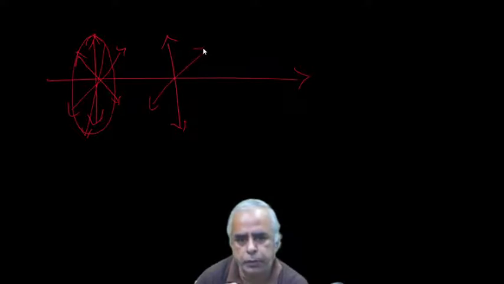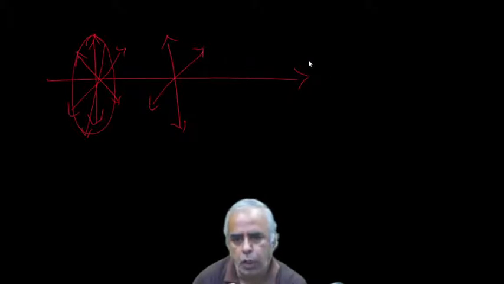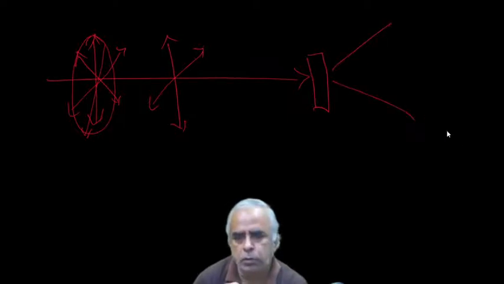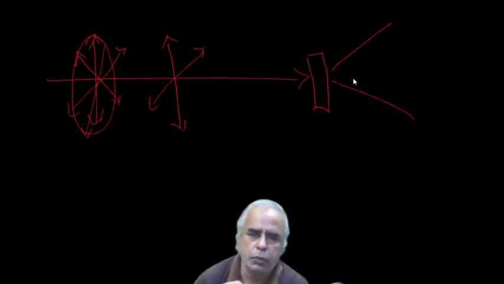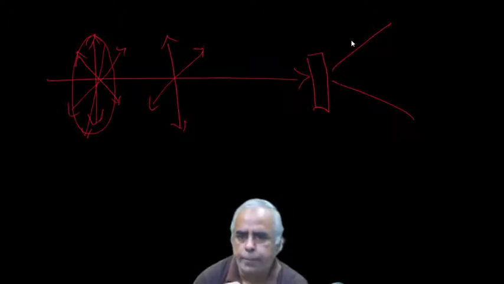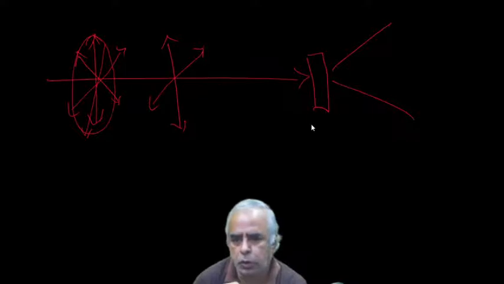When it is passed through a Nicol prism, it is not an optically active solution, this is called a Nicol prism.